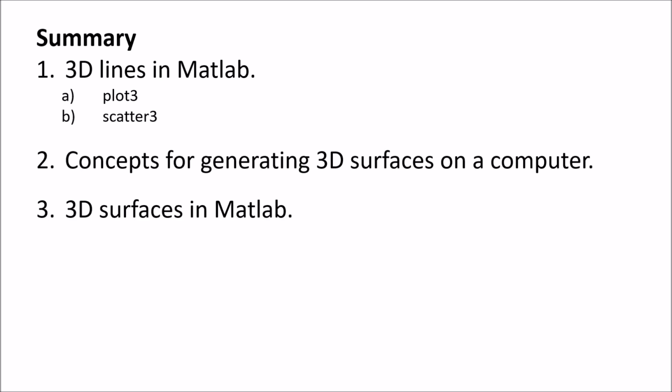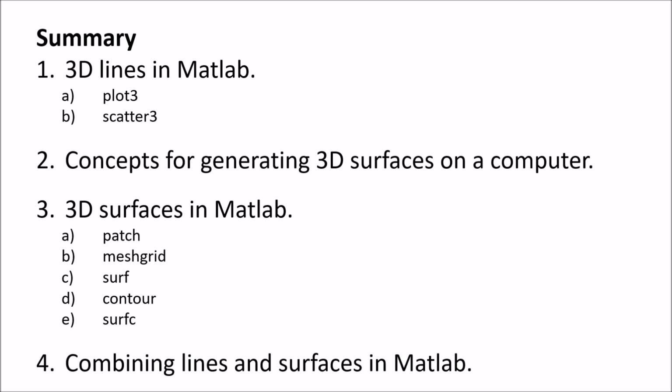With this concept covered, we looked at the Matlab tools needed to implement this workflow, namely the patch, meshgrid, surf, contour, and surfc functions. Finally, we looked at how to create composite 3D surfaces along with 3D lines or points to generate interesting and descriptive graphics.